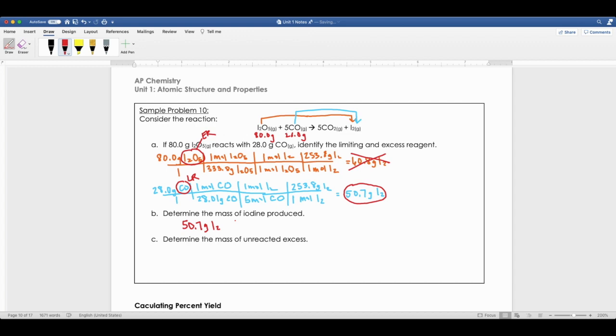So we know that the excess reagent is not getting used up, right? All 80 grams of this diiodine pentaoxide is not getting used. However, all of this carbon monoxide is getting used. So I need to know, of that 80 grams, how much of this is reacting.